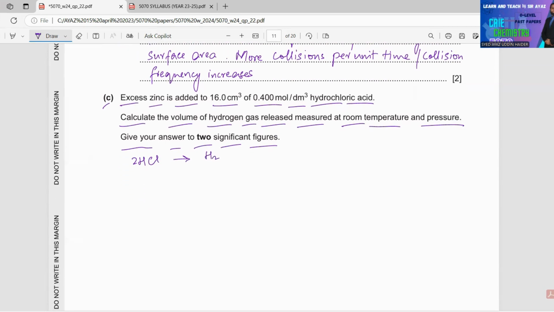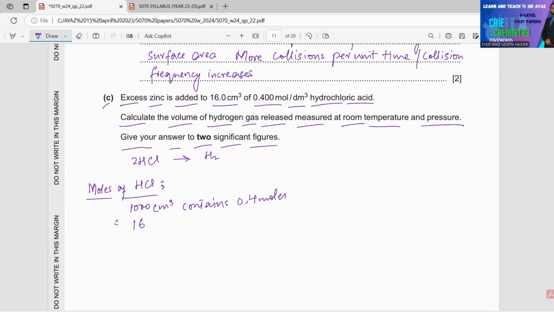Now, first of all, I am going to calculate the moles of hydrochloric acid. Moles of HCl. So, 0.4 mol/dm³ means there will be 0.4 moles in 1000 cm³. 1000 cm³ contains 0.4 moles.